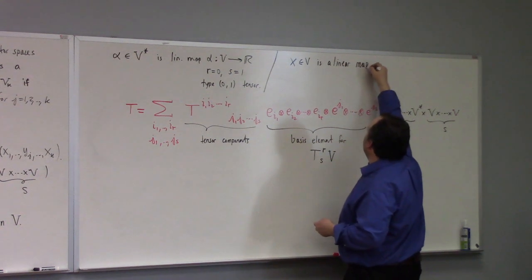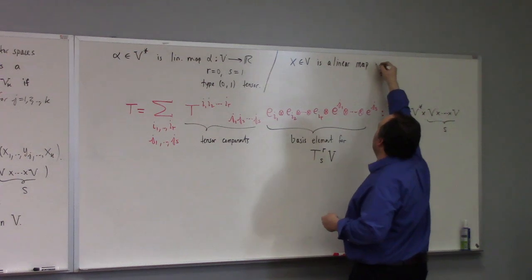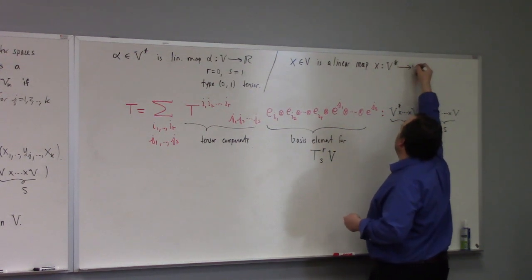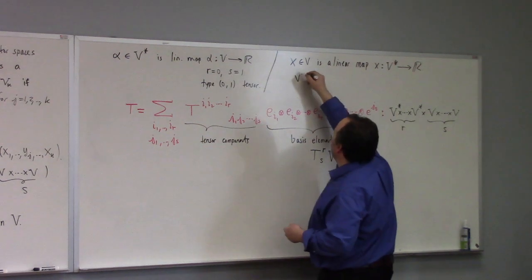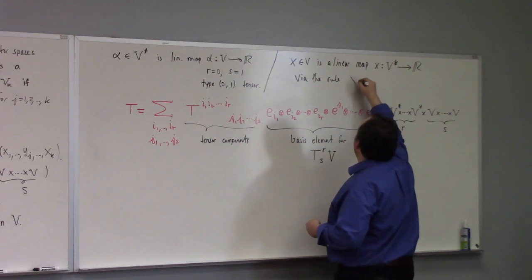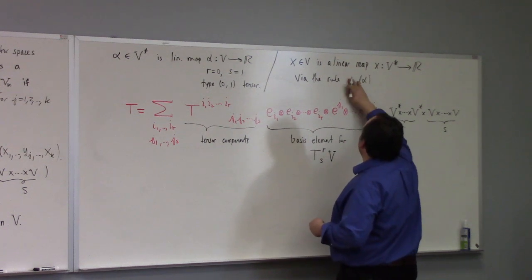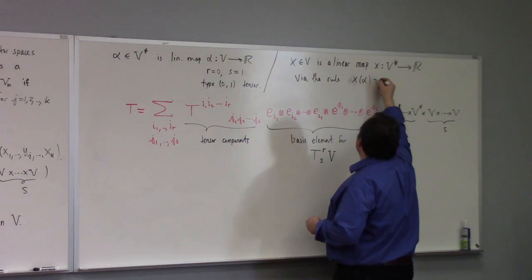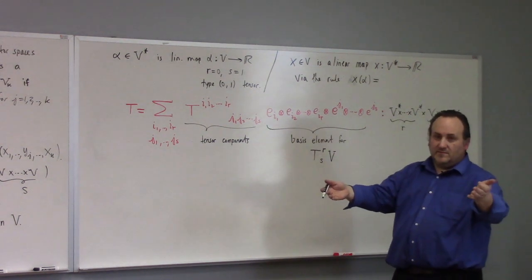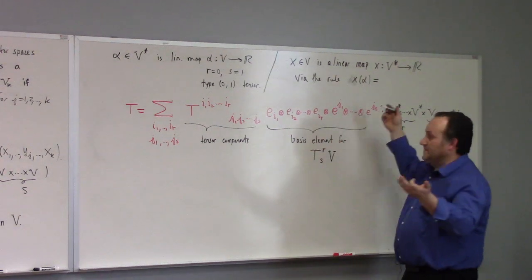This is the weird part, guys. It's a linear map from the dual space to R via the rule X of alpha equals to what? Alpha of X. That's what it has to be.